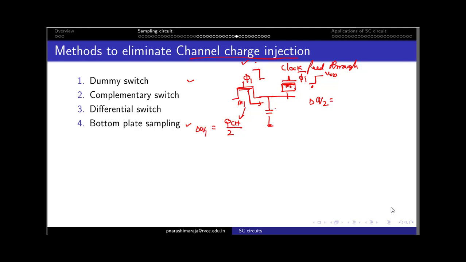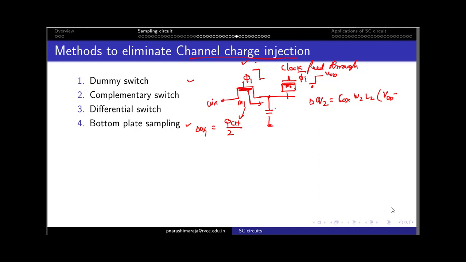Now what is the channel charge that I can represent when it is turned on? It's the same formula that we use to evaluate the channel charge when this particular transistor is on, which is the oxide capacitance times the width times the length of the M2 transistor, which together represent the C value, and then the effective gate potential, which is VGS. Here VG is connected to my VDD, and this node is trying to hold the last sampled value of my Vin.